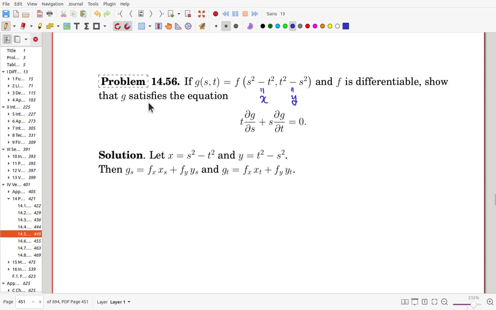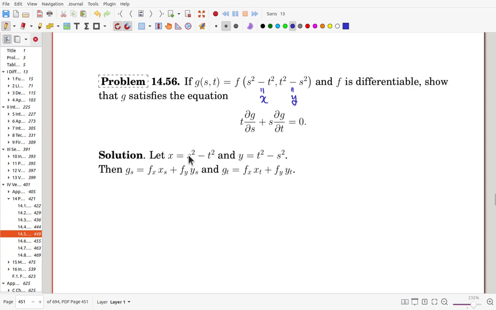Once f is defined along with the primary variables x and y, and x and y are functions of two secondary variables s and t, then this whole thing can be considered as a function of s and t. And we want to check if G satisfies that equation.